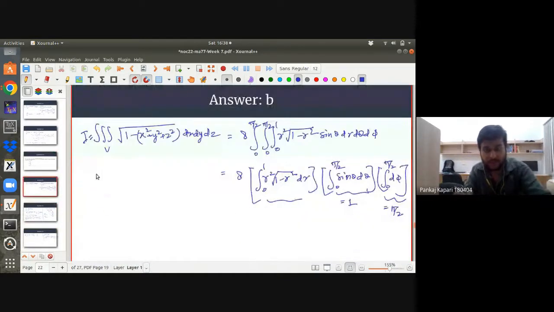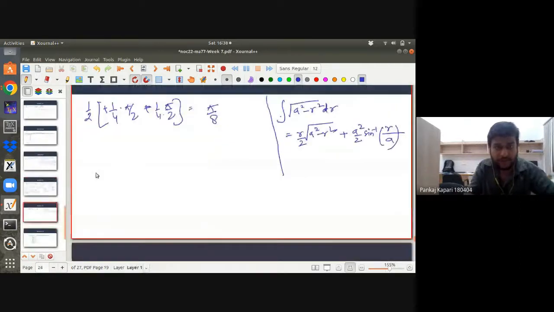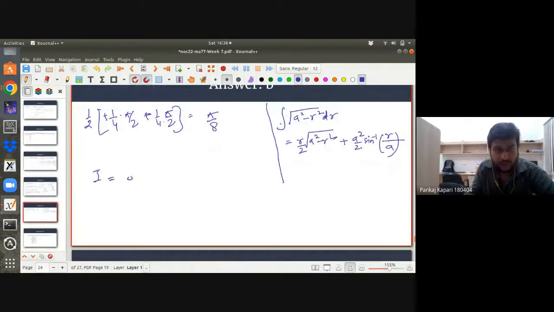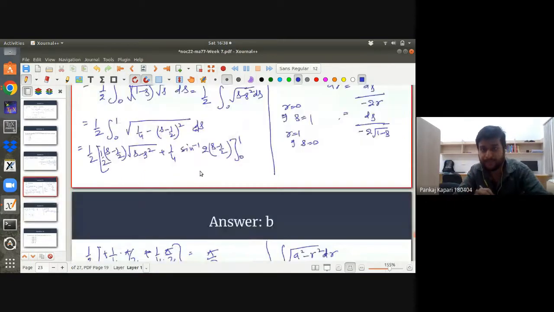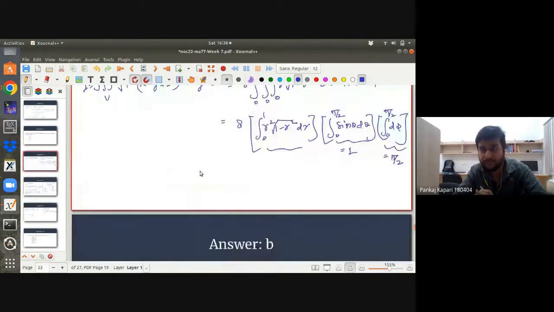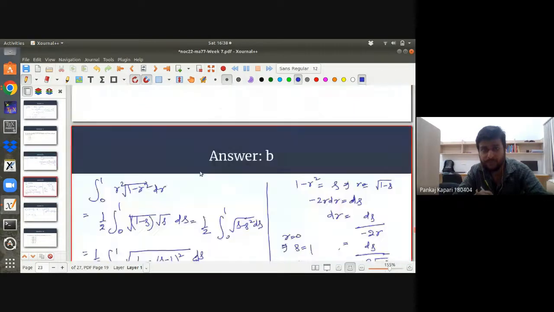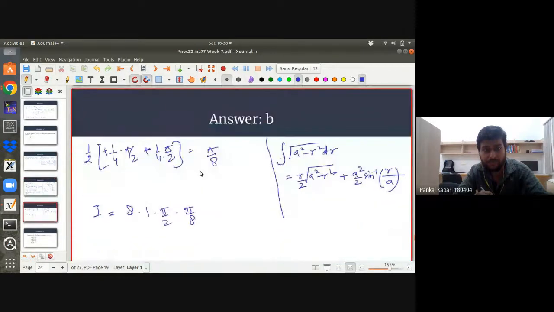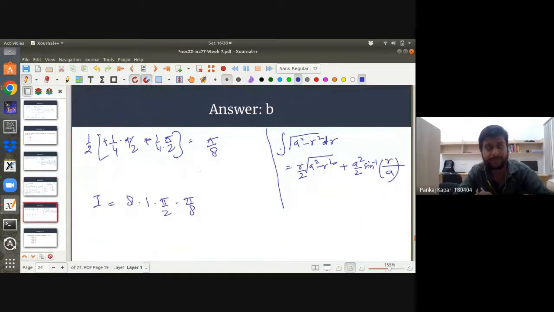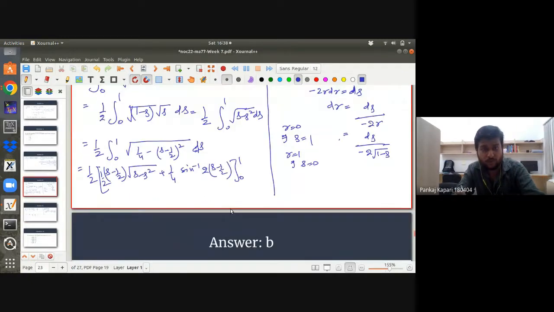So what is our integral? I is equal to 8 times, we have 1, we have pi by 2, we have pi by 8. It is coming as pi square by 2.